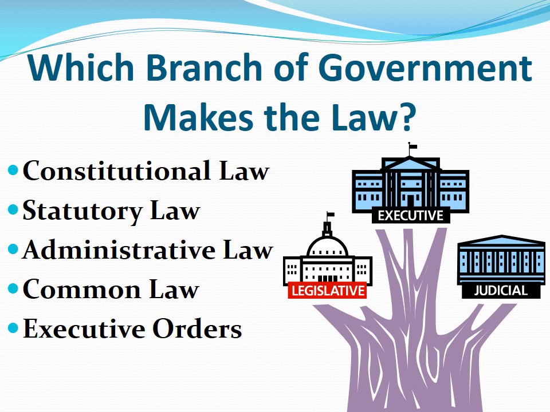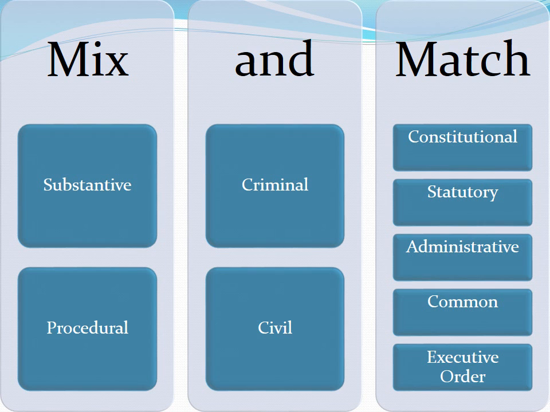Administrative laws are created by administrative agencies, which are a part of the executive branch. Common law is law in which judges have created by interpreting the statutes which are brought before them, so that goes to the judicial branch. And executive orders are laws which are put in place by a president or a governor, who are both part of the executive branch.